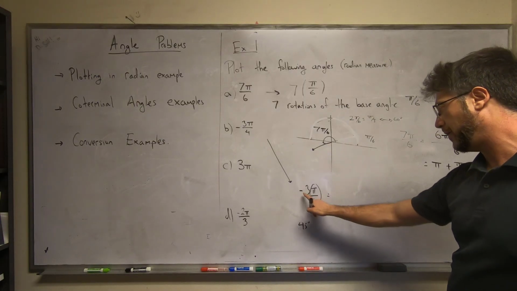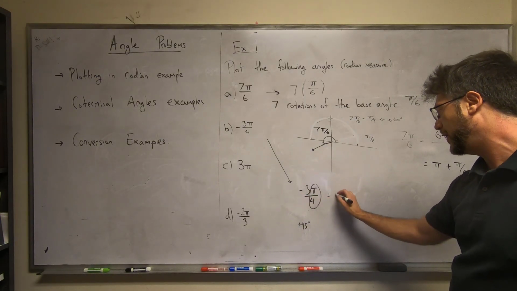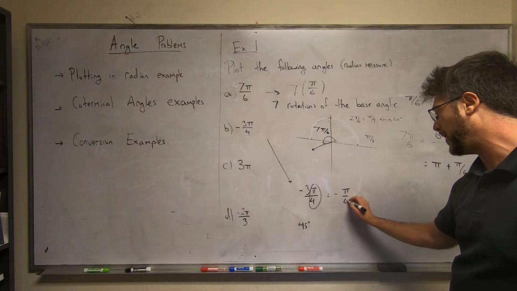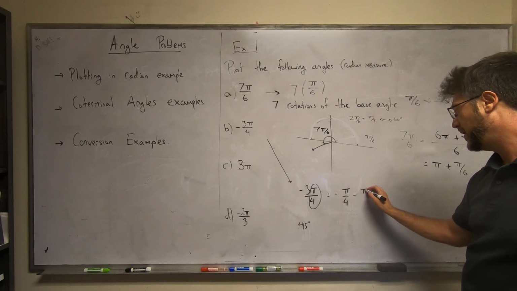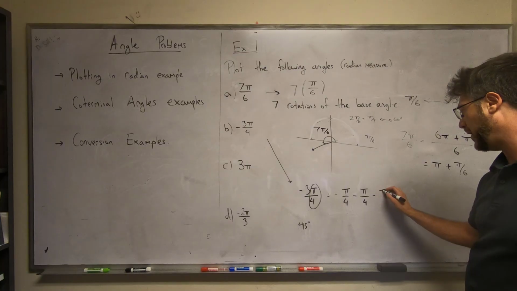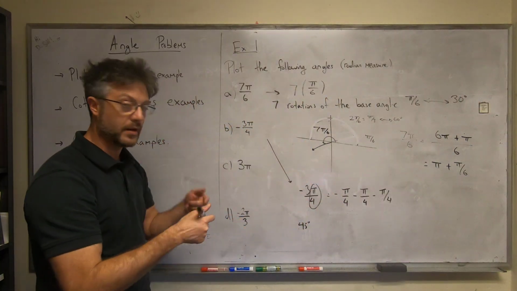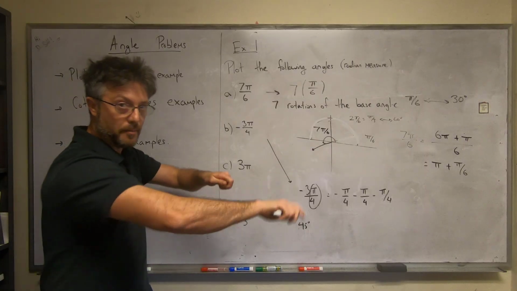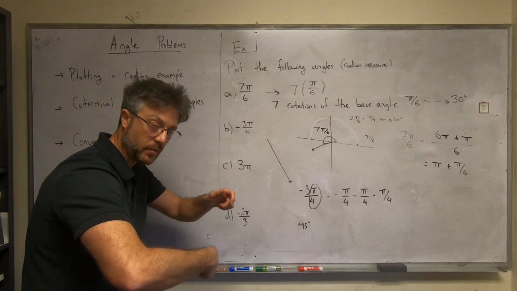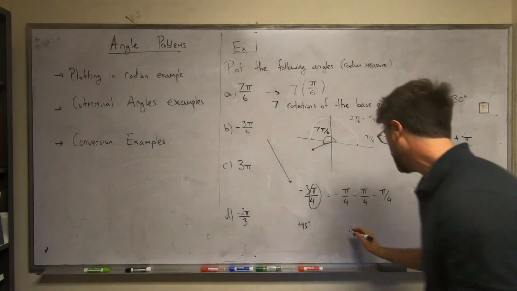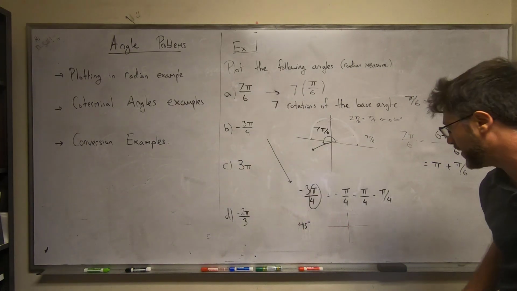Or in other words, to get 3 copies of pi over 4, that's the same thing as to do that negative rotation once, and then a second time, and a third time. And every time you see a subtraction or an addition, we would crank backwards or forward, and so we could just chunk along to get the right magnitude.